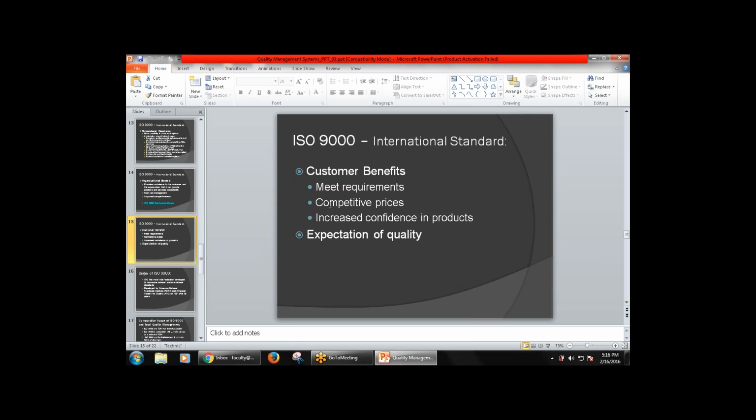Then increased confidence in the product, so whenever I believe that the company is ISO certified, I have increased confidence in the products. Then there are expectations of quality, that the quality will be highly increased whenever I am using the ISO 9000 standard. These are the various benefits that the customer gets when the company is getting the ISO 9000 standard.